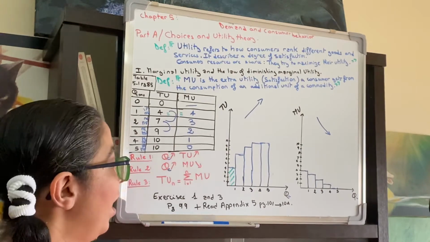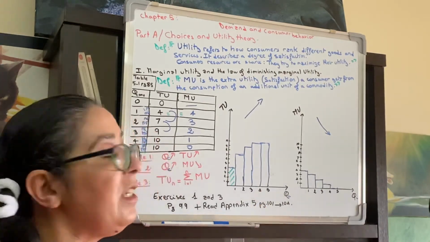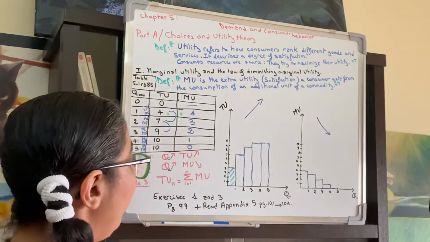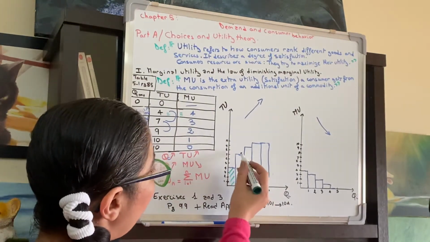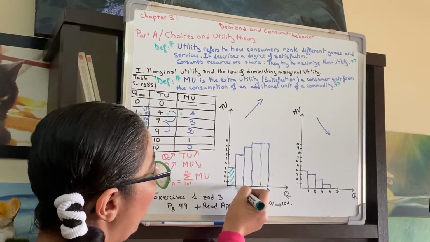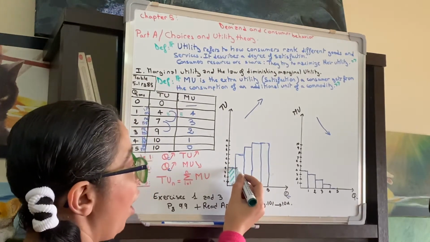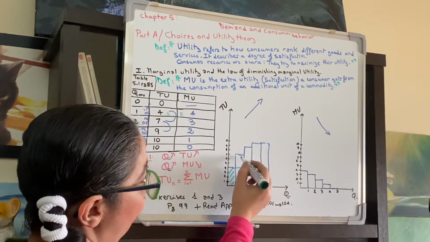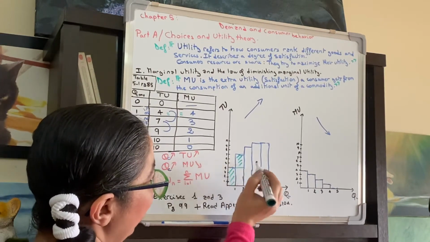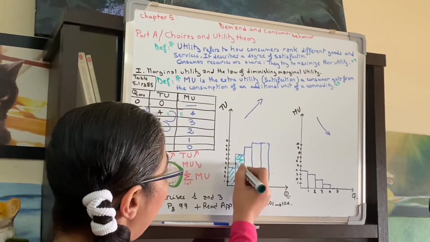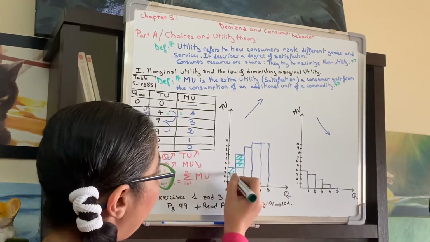Now, to plot the marginal utility in the total utility curve, you look for the extra. So, for 2 units, I have 7, but for 1 unit, I only had 4. So what is the extra? It's whatever is above 4. That would be your marginal utility. And you are going to notice that it's exactly 3 utils.